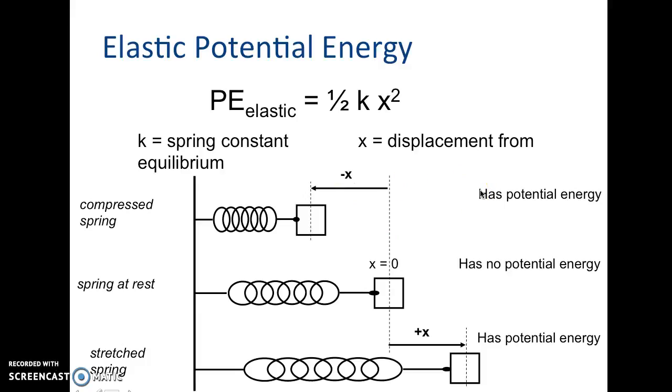So over here on the right, we have potential energy if we compress the spring or potential energy if we stretch the spring. So don't forget about your potential energy when you talk about springs, but you can get that K constant from either the force, the Hooke's law equation, or the elastic potential energy equation, whichever information you have in the given problem.